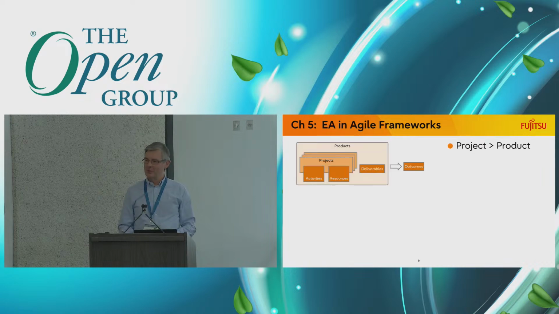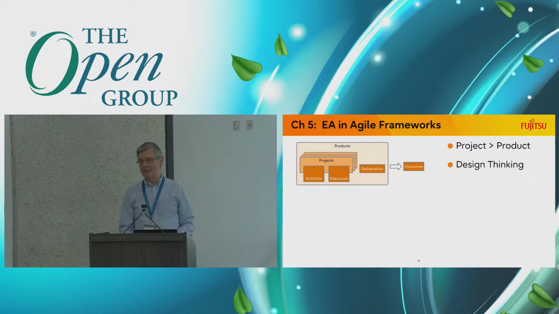Like I said, this is the one where it starts to take almost the reverse point of view and say, okay, some of the things that are commonly talked about in agile frameworks, how does this fit in with TOGAF? So it looks a little bit at the project to product shift, and what that means for an architect working with TOGAF, that now you're taking more of a whole product view of what you're working on rather than a project view.